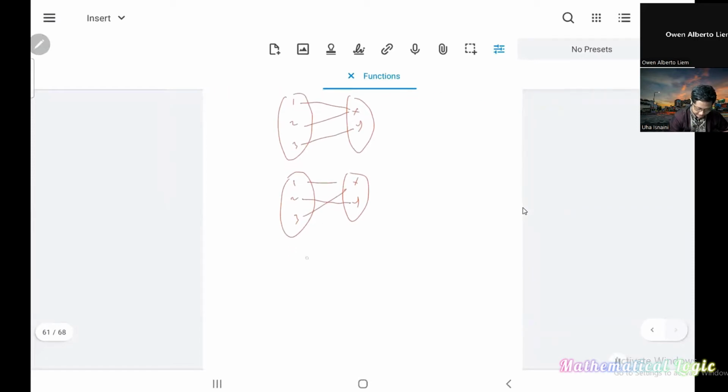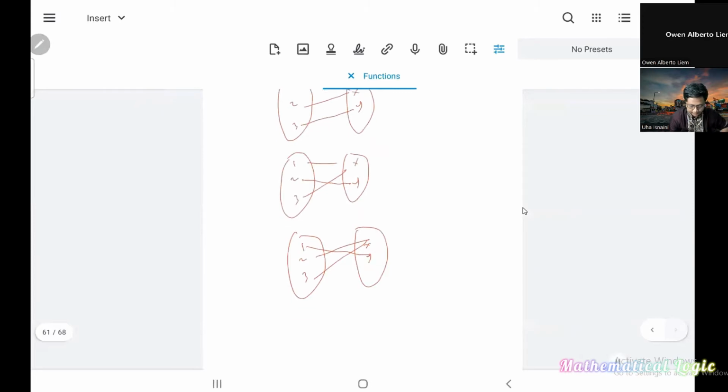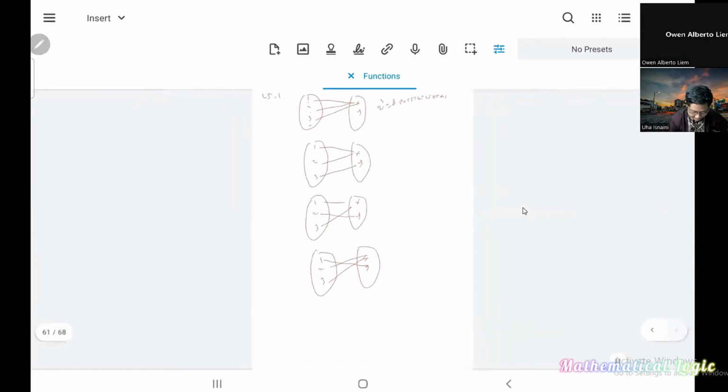And then here 1, 2, 3, x, y. We have 1 go there, the rest still here. This one is for one element going to y, and then 2 elements going to y. Then 1, 2, 3, x, y.